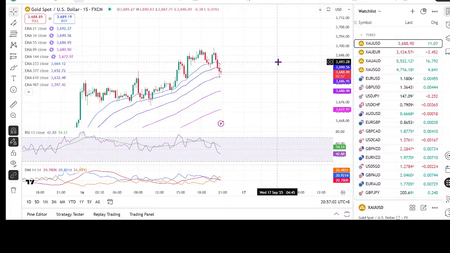So we may see the market being quiet and choppy unless it clears important levels. Okay, so let's wait to see if there is any breakthrough.